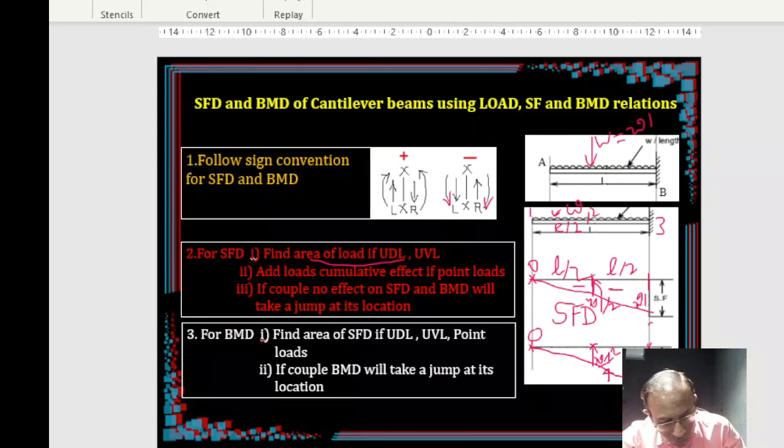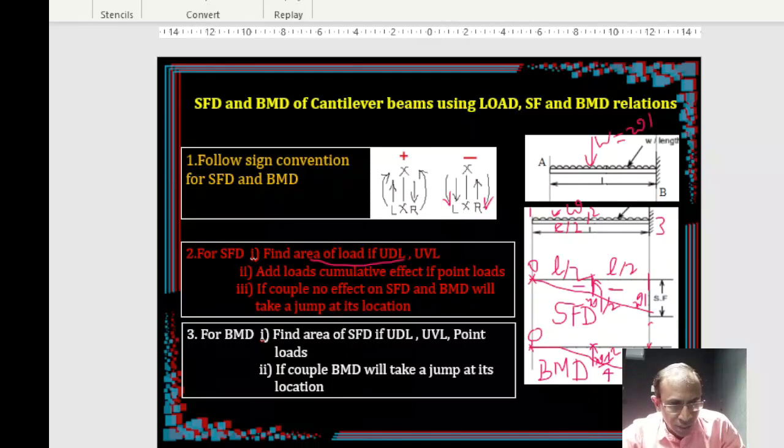Join by a particular curve. Yes. That's it. This is your bending moment diagram. So thus we completed the shear force and bending moment construction for a cantilever.